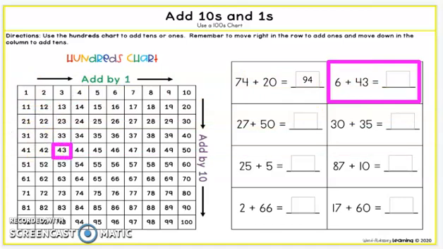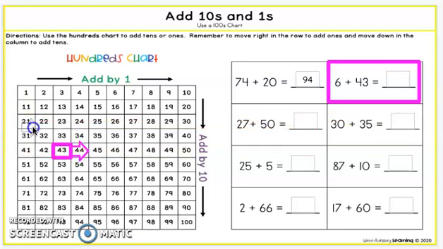I'm going to start at 43 and I'm going to add 6 to it. So now I want to know, am I going to move across the row or down the columns? Right, I'm going to move across the rows because I'm adding by 1. And I'm going to move 6 jumps.